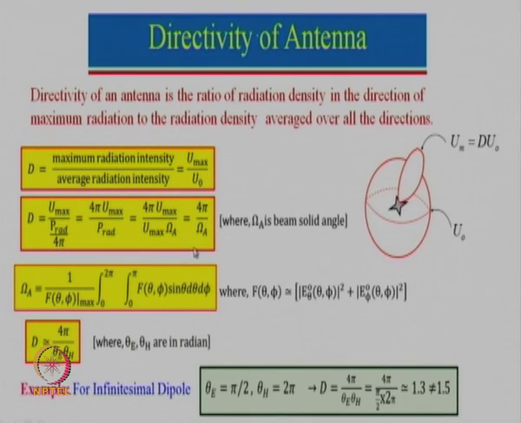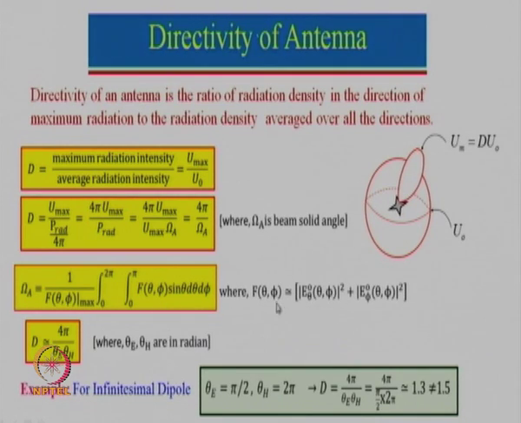What is this term here? This is known as the beam solid angle. This beam solid angle can be obtained from the radiation pattern, and one requires a double integration. Why double integration? Because we have theta and phi. So, d phi will change from 0 to 2 pi, theta will change from 0 to pi, and that is how we need to integrate.